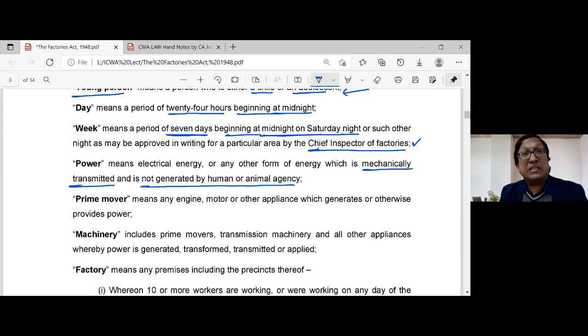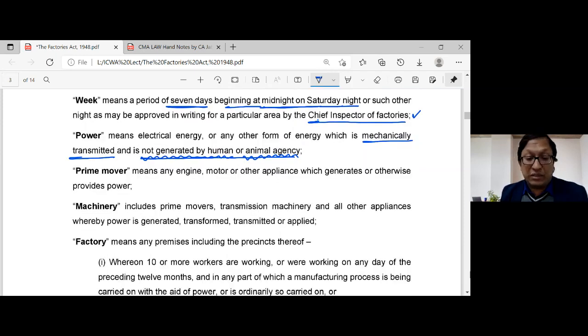It may be thermal power, hydel power, nuclear, wind power, anything, but not generated by human or animal agency. In many places, animals walk around a well, and the energy from that we do not take in this.